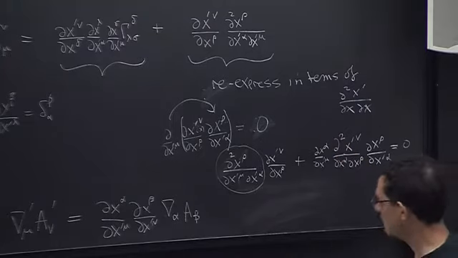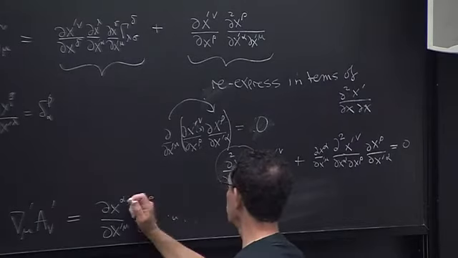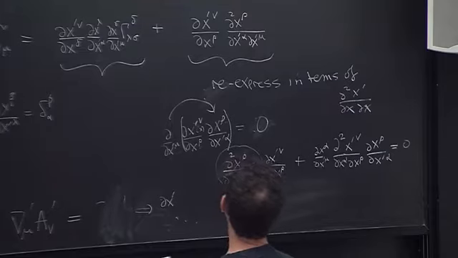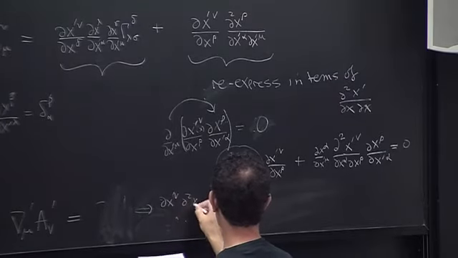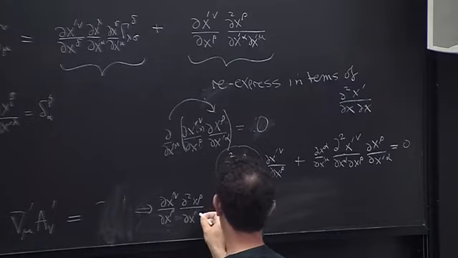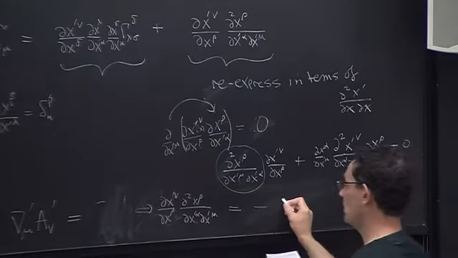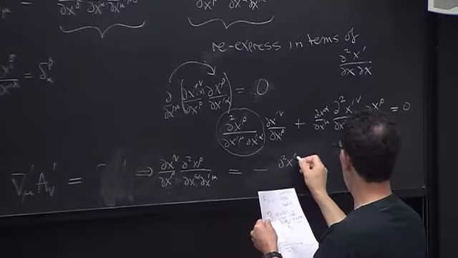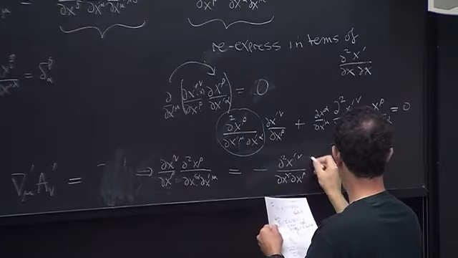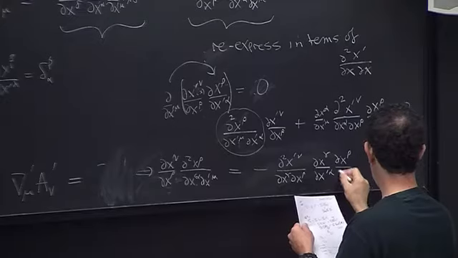Okay? And so using that, the bad term in the transformation of gamma, so this guy over here, dx prime nu d2x rho dx rho dx prime alpha dx prime mu, is equal to minus d2x prime nu dx gamma dx rho, dx gamma dx rho, dx prime alpha dx prime nu.